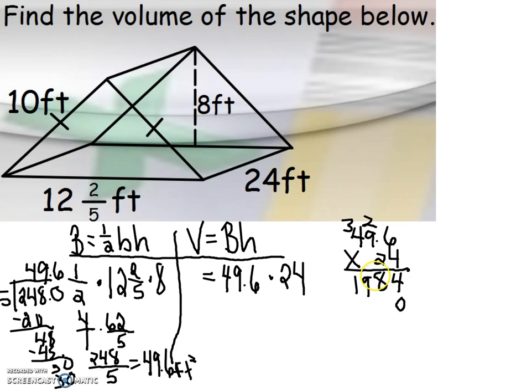Put a placeholder. 2 times 6 is 12. 2 times 9 is 18, plus 1 is 19. 2 times 4 is 8, plus 1 is 9. Add it up. We have 4, 10, 18 plus 1 is 19, 9, 10, 11. 1D plus 0D is 1D.